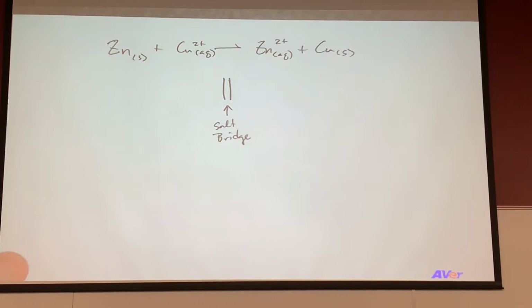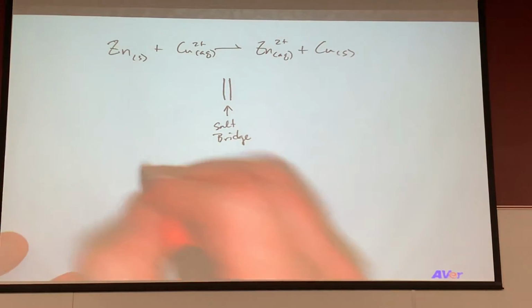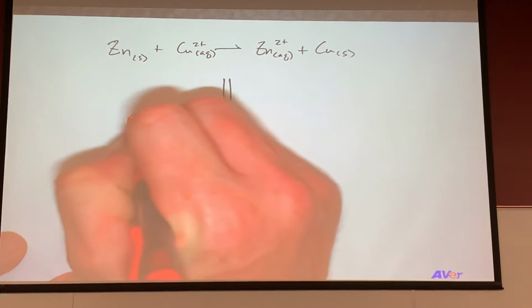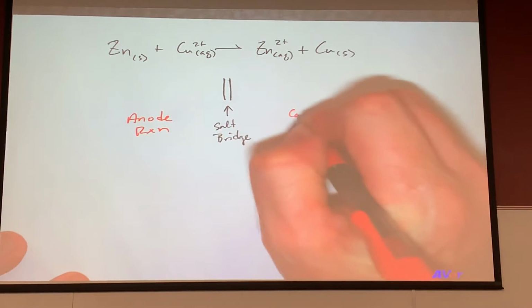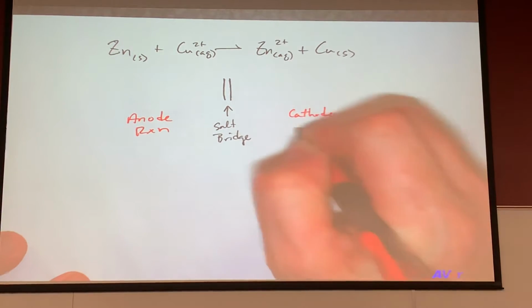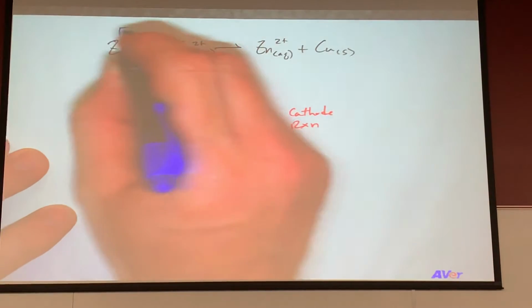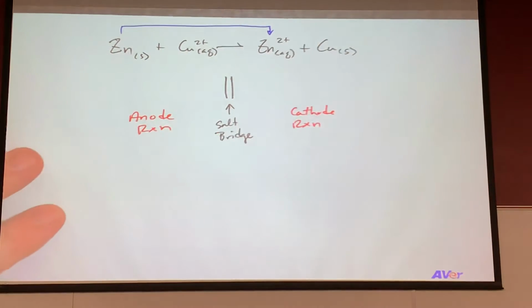When you write this particular notation, you've got an anode reaction and a cathode reaction. And remember, the anode does the oxidation, the cathode does reduction. If I look at the zinc, reduction or oxidation?